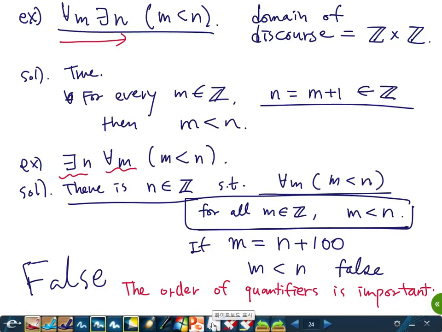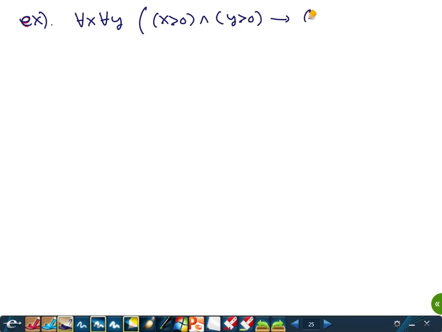All right, let's see some more examples. For all x, for all y, x greater than 0 and y greater than 0 implies x plus y greater than 0. Oh, I didn't say this, but we can also read P implies Q as if P then Q. They mean the same thing.